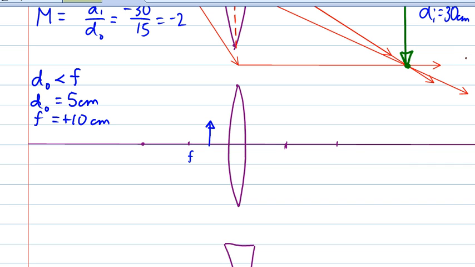Okay, well, let's do the same thing. A ray that goes in parallel, kind of like so. Remember, once again, we want to imagine that it goes to the middle, okay, is going to bend and go through the focus.